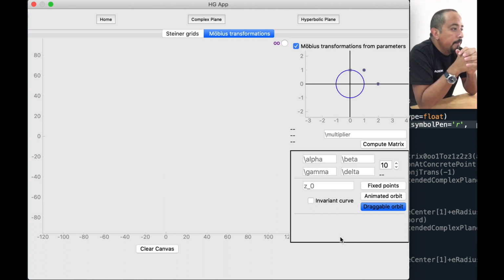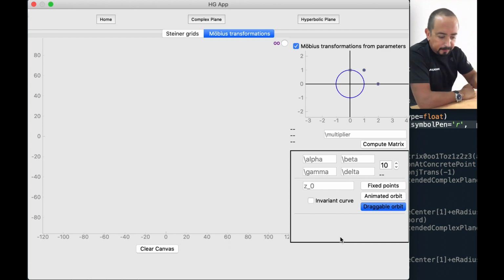Some slightly more useful examples, I mean, more useful than just what I wrote on the iPad. So let me give some examples of Möbius transformations with two fixed points.